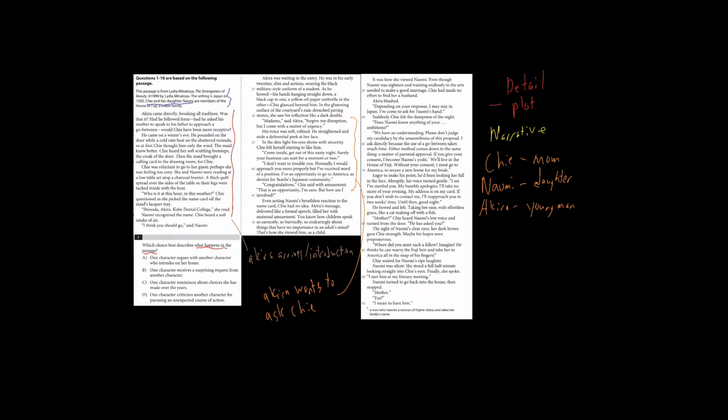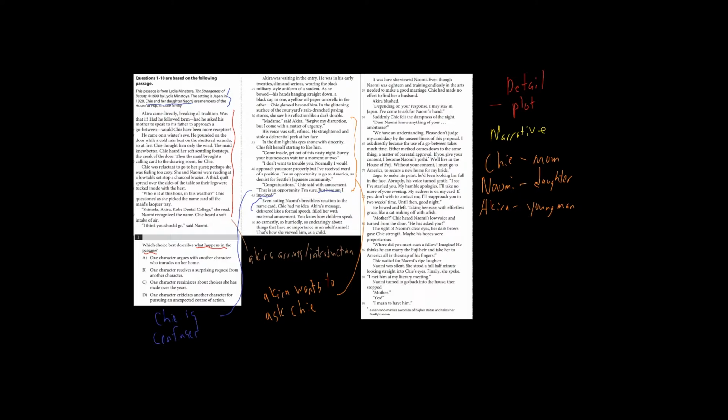And if we go ahead and look at it a little more closely, since that seems like the bulk of what's happening, we see that in line 45, right here, 46 and 47, even noting Naomi's breathless reaction to the name card, she had no idea. And right here, even before that, it says, but how am I involved? So Chi here is a little confused. So she's like, oh, okay, you got a job, but why does that have anything to do with me? So Chi is confused.